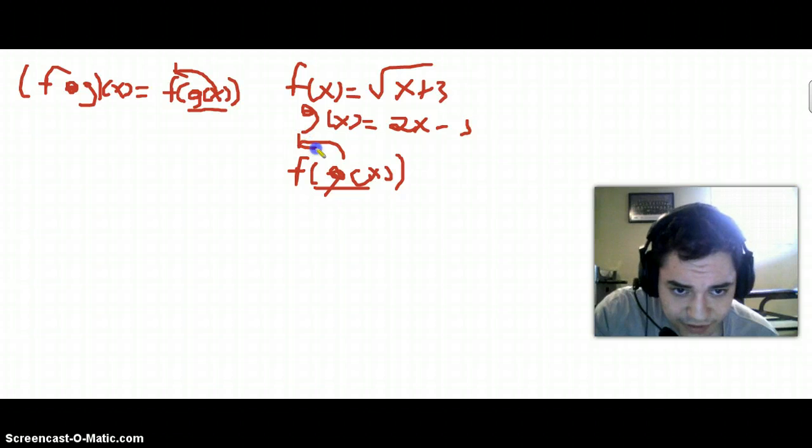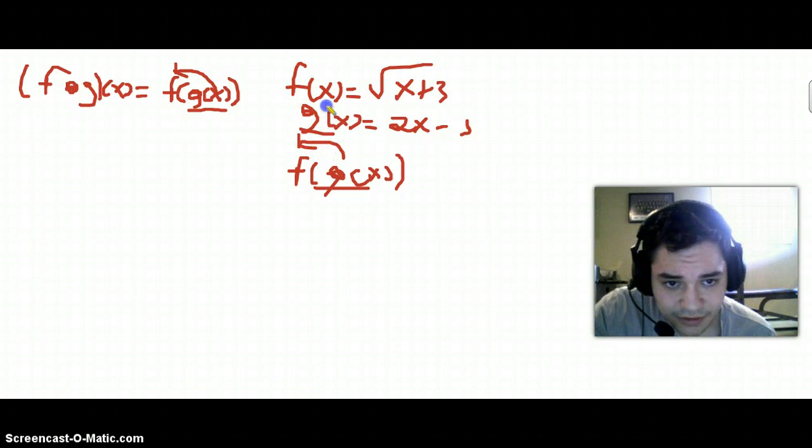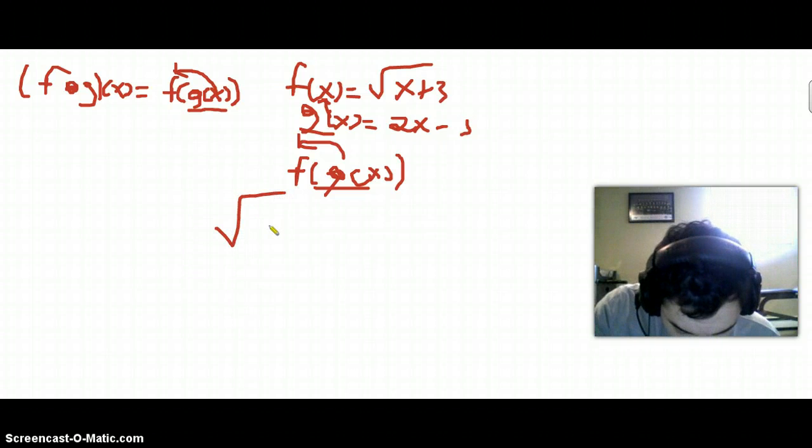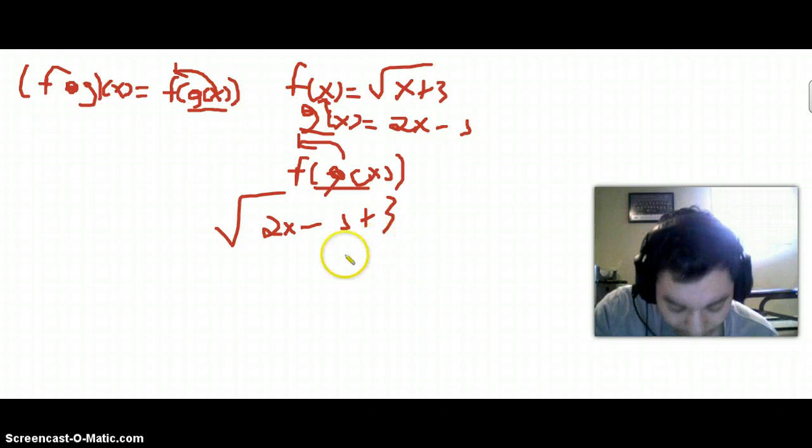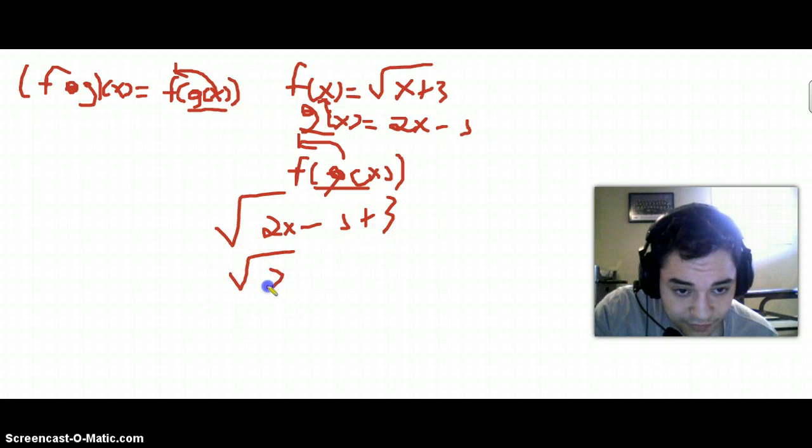That means I'm going to plug this g into that f of x. So it's going to be square root of 2x minus 5 plus 3, which would be square root of 2x minus 2.